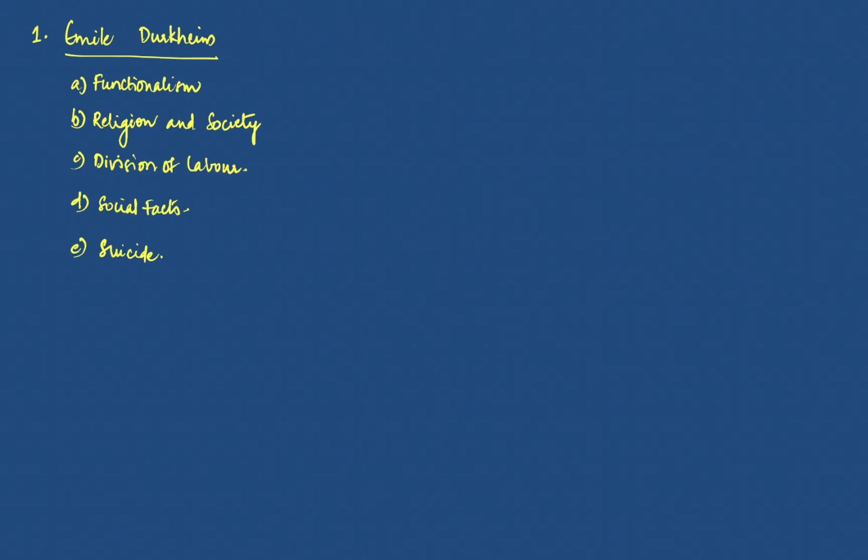Right. So firstly, even before actually starting Emile Durkheim, the main thing that we have to focus on is this aspect called functionalism, right? And why is this functionalism important? Because there are several scholars who belong to the school of functionalism, and functionalism as such is a very important concept. In sociology, if you see, there are two schools, positivism and non-positivism aside. But in the way sociological study is done, there are two schools, right?